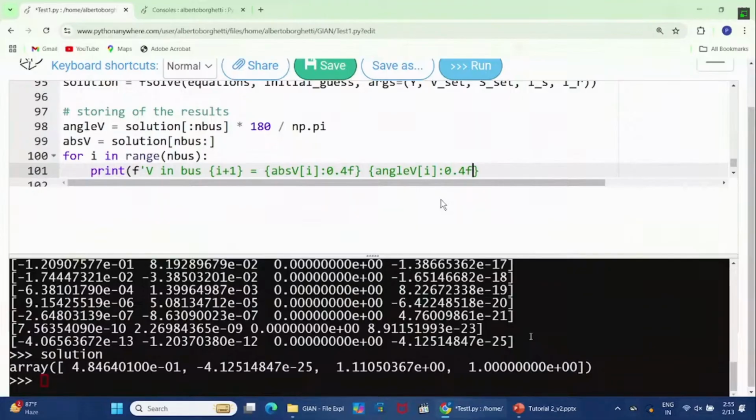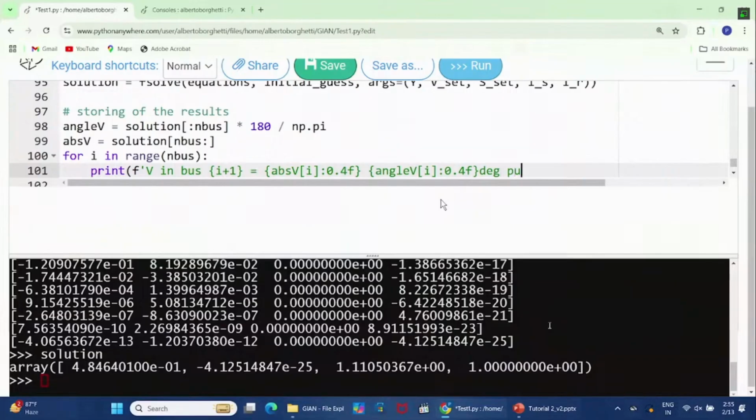At this point we can say that this is the value in per unit. Perhaps these are degrees, so we can also put the symbol, if I find it, because probably there is no symbol on the keyboard, but we can put deg.